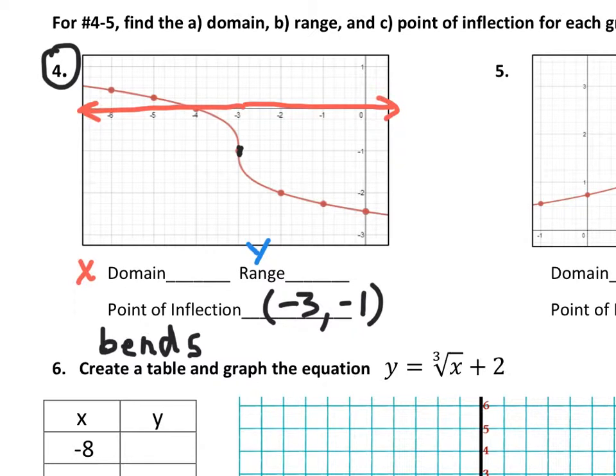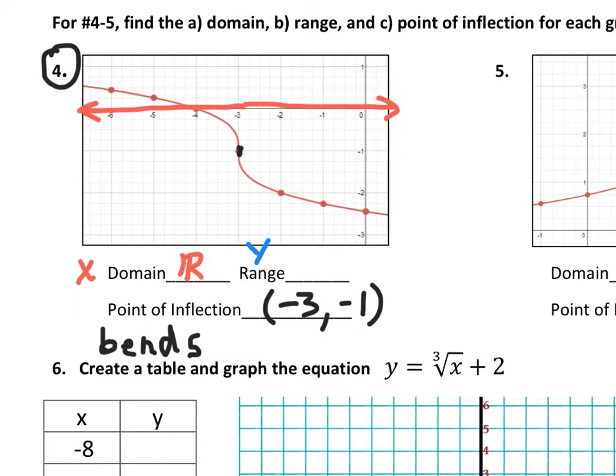It doesn't seem to stop, and outside of this window, it actually never does stop. So the domain is called all reals, and we write that with a symbol that looks like an R with a second, bolded side on the left side. All reals, so every single number is included in the domain.